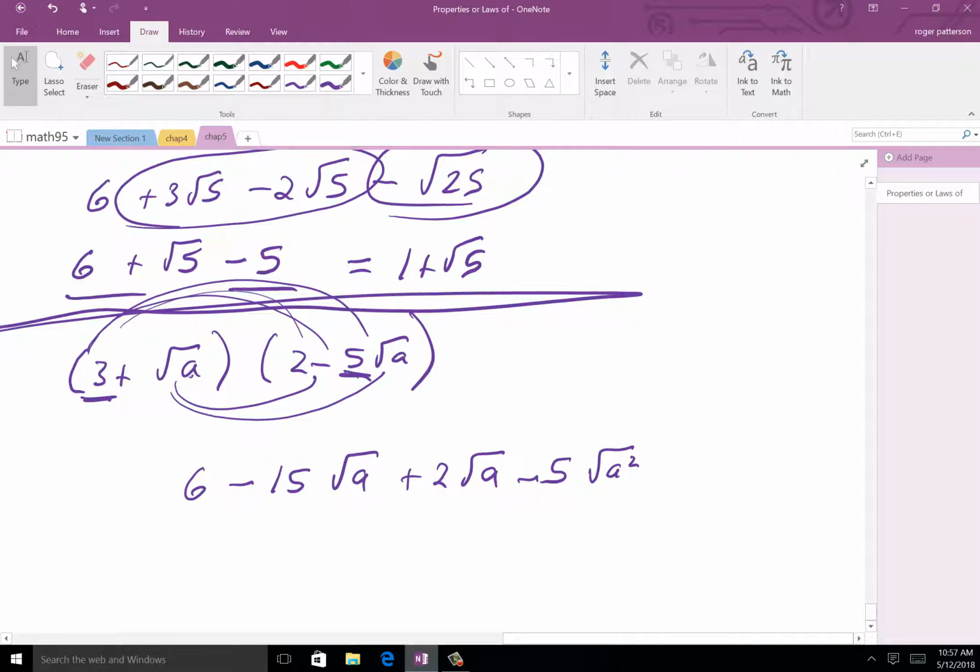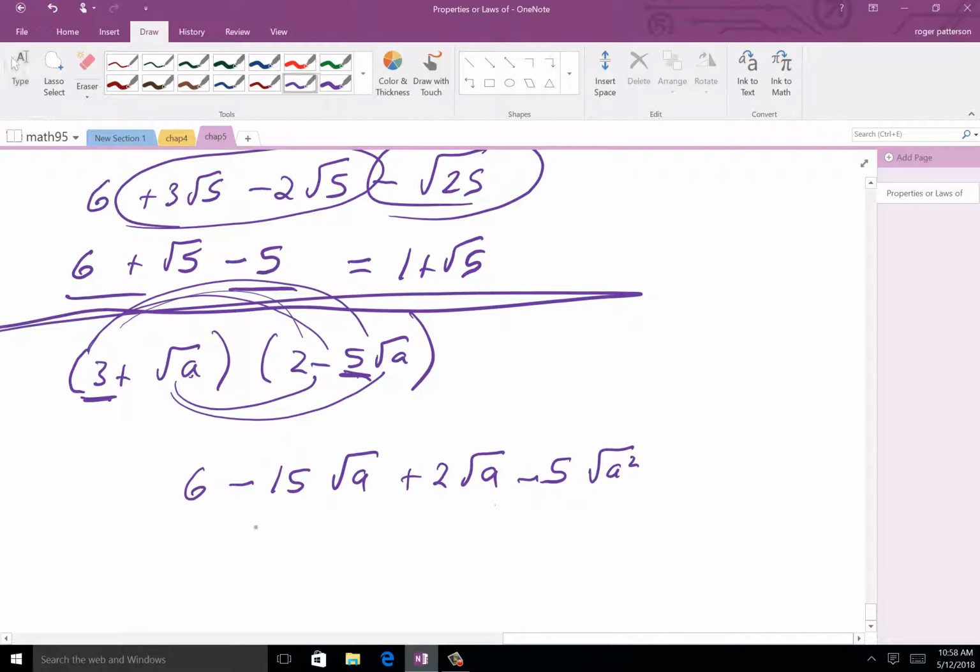Right? So then I take 3 times 2. I'm FOILing this. 3 times 2 is 6. 3 times this gives me negative 15 that. Okay, because outside number, nothing here. Here I have an a and a 2, but this is an inside, so I can't multiply those two. I just leave it. Here, I don't have anything on the outside, so it's a 5. Square root of a times a is a squared.